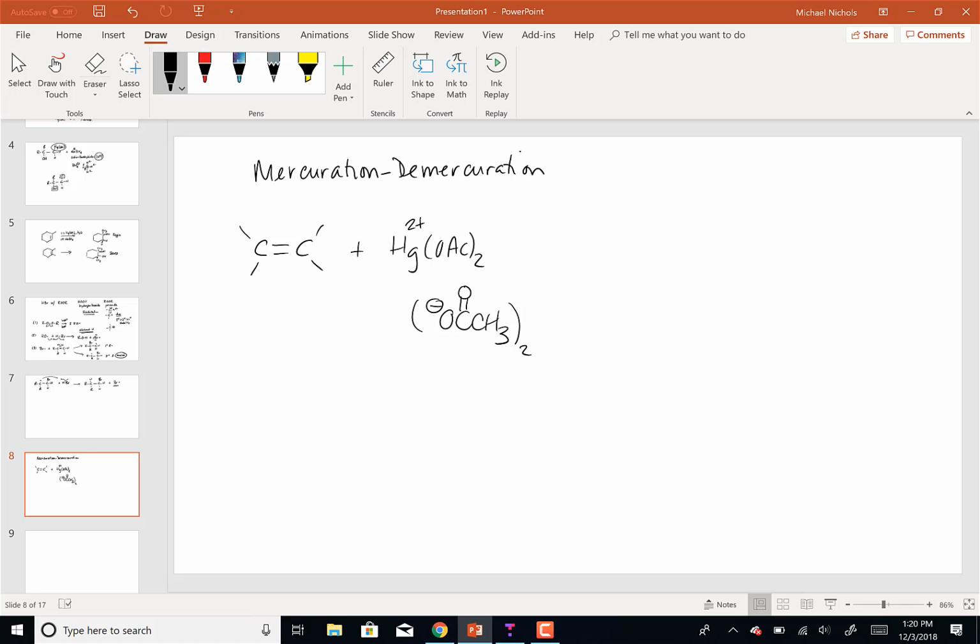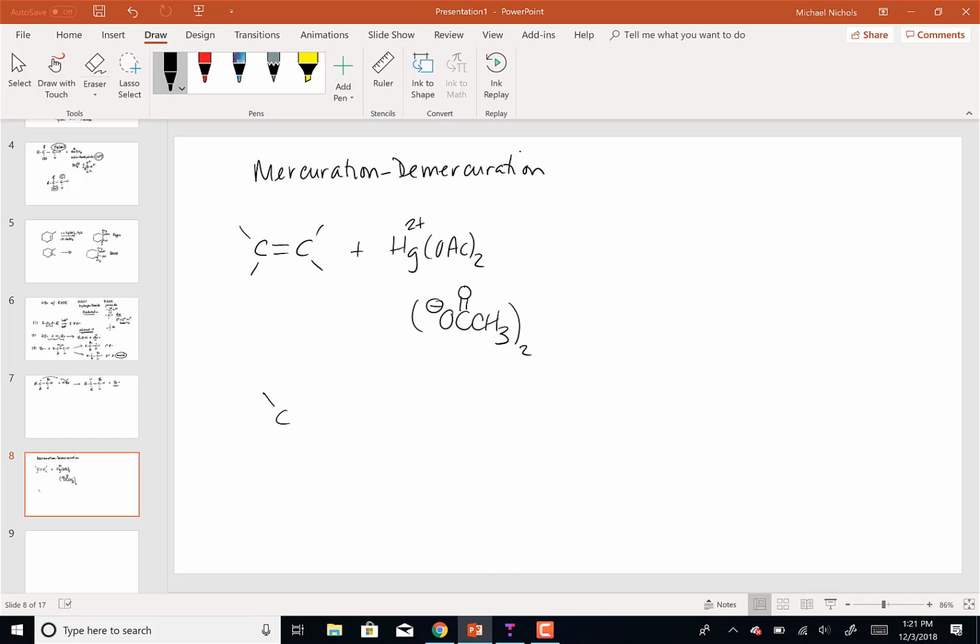So it's a 2-carbon acid, and it's deprotonated. So we've got a mercury 2+ and 2 negatively charged anions. So this is a 2-step mechanism, and the first step resembles a bromonium ion. And here's how it does that.